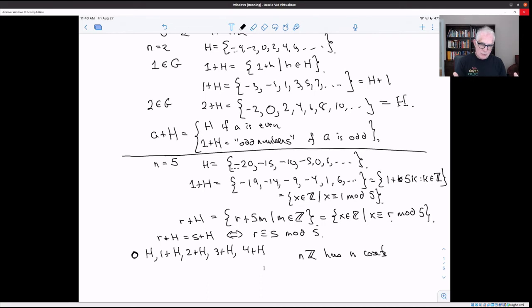In a minute, we're going to see where that sometimes does matter if the group isn't abelian. But nZ has n cosets of the form a plus nZ, and those two are equal if and only if a is congruent to b mod n. So the cosets are the congruence classes.